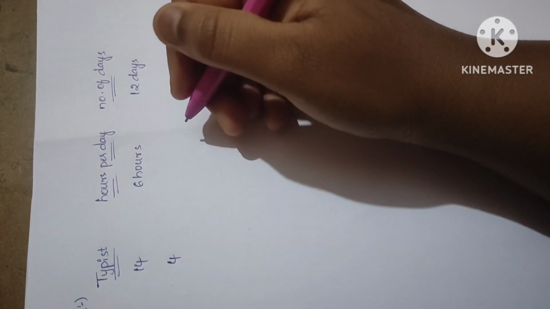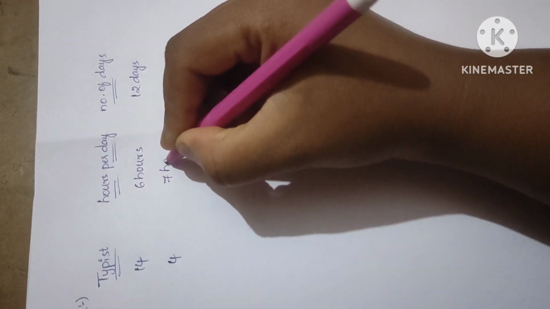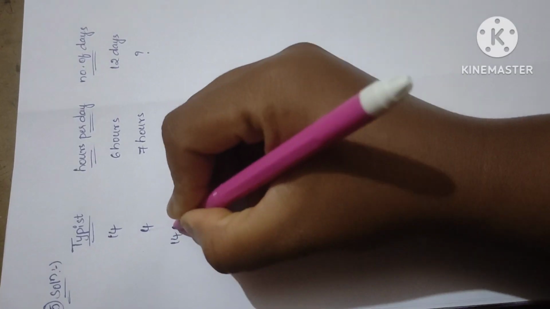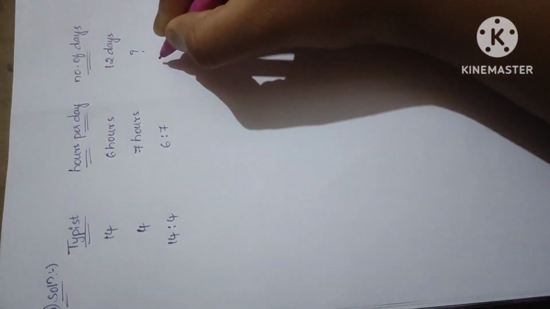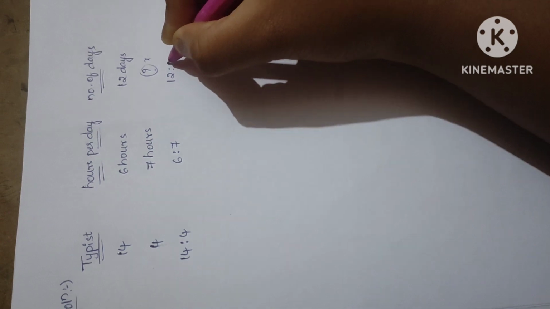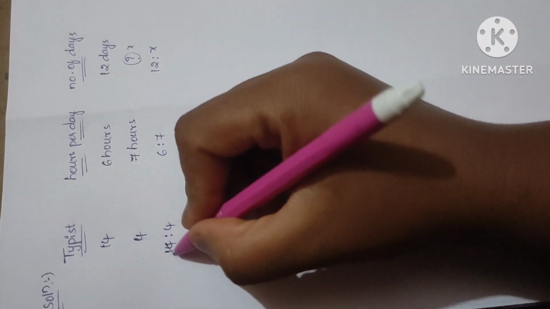Next, 4 typists working 7 hours per day can complete the same work within how many days we have to find. Firstly, write the ratio of given quantities, that is 14 is to 4, next 6 is to 7, next 12 is to the value we have to find, let's imagine that as x. So 12 is to x.